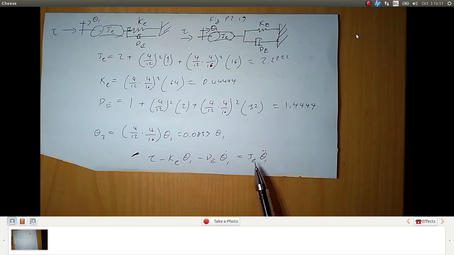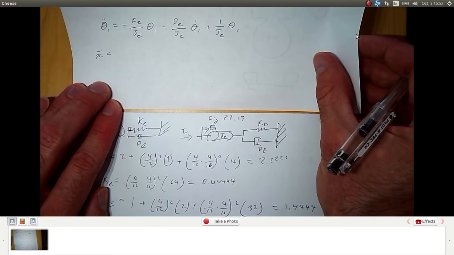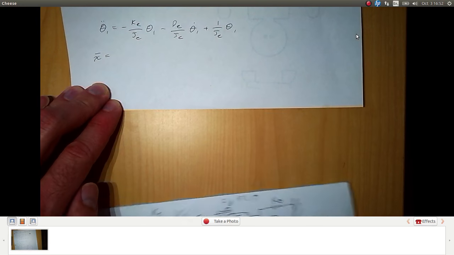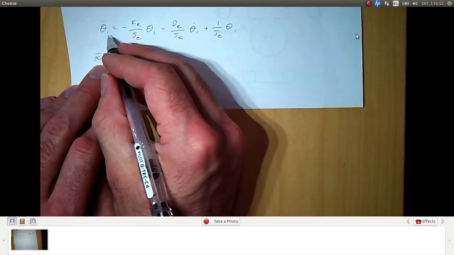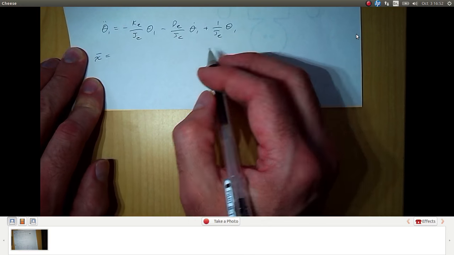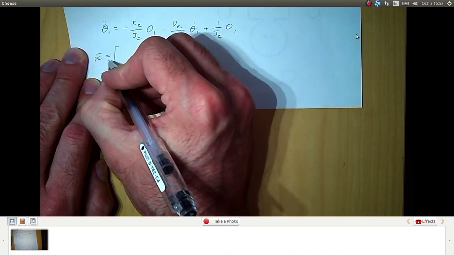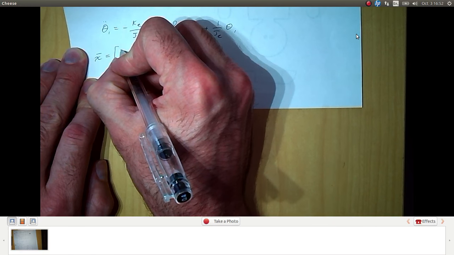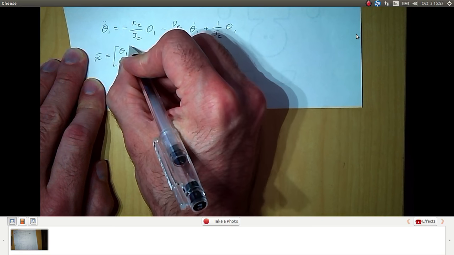Theta 1 dot has its time derivative, so theta 1 dot will be one of our state variables. I just rearranged that equation of motion, but the state vector is made up of theta 1 and theta 1 dot, which we'll call omega 1.